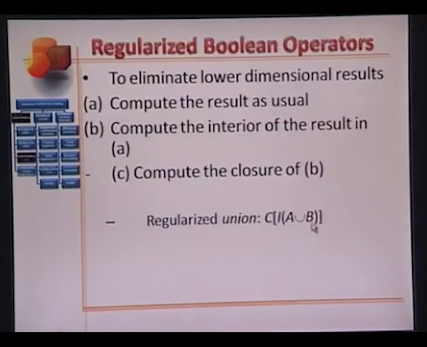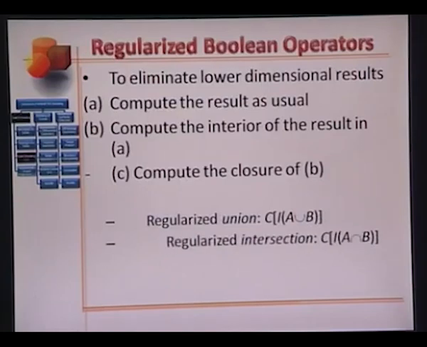We have two solids A and B. We perform the union like a raw union. We compute the interior of this result, and then we perform the closure operation, which would be the union of the interior of A union B and the boundary of A union B.